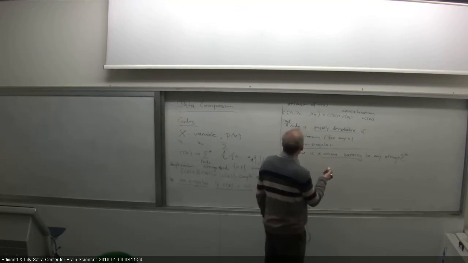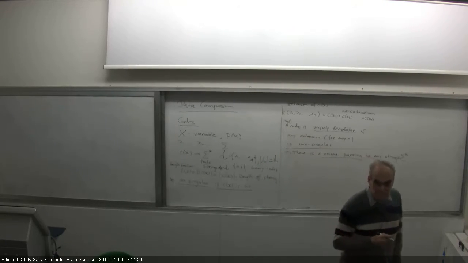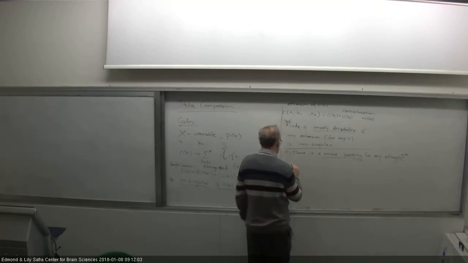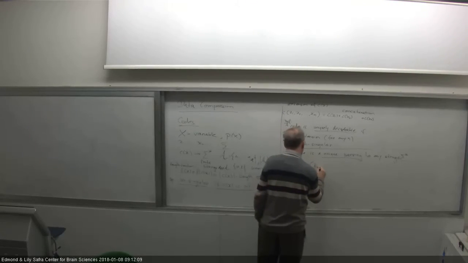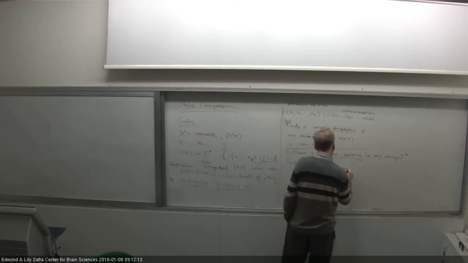Okay, so when is the code uniquely decodable? Is there any simple condition on the code to be uniquely decodable? And I stated it, but I didn't prove it. There is a theorem, which is usually known as the Kraft Inequality, sometimes called the Kraft-McMillan Inequality.